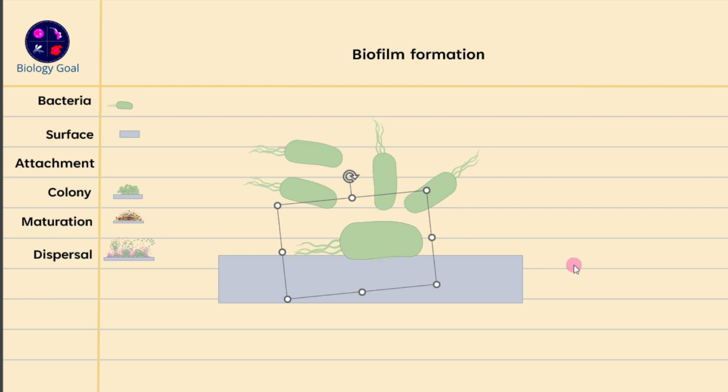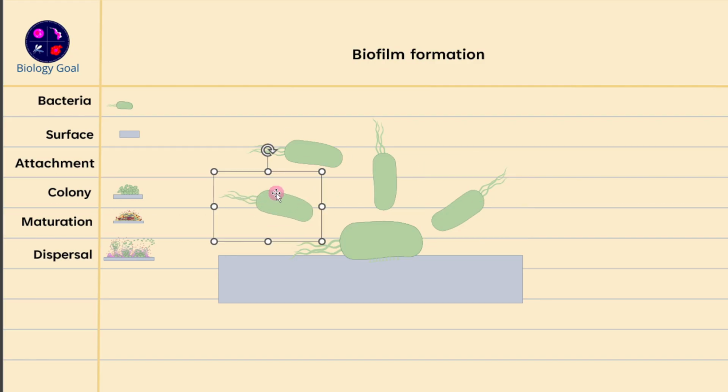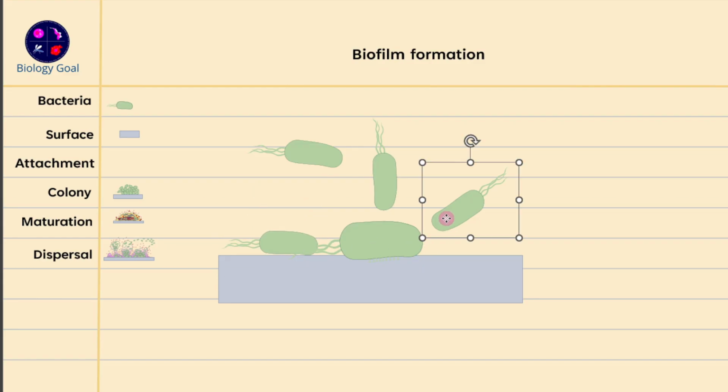Now bacteria has also started to secrete those extra polymeric substances, and now bacteria is firmly fixed with the surface. All these bacteria are just exploring the surface. As you can see over here, this bacteria is moving very close to the surface. Now there is a little bit of interaction, not permanent interaction, it's reversible, right? But slowly they sense that bacteria is getting settled down. Other bacteria also come and fix to the surface like this.